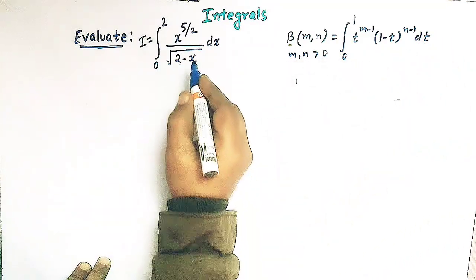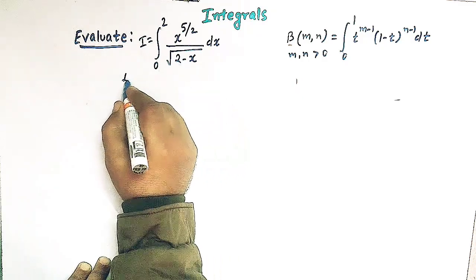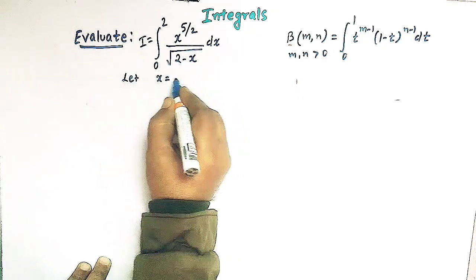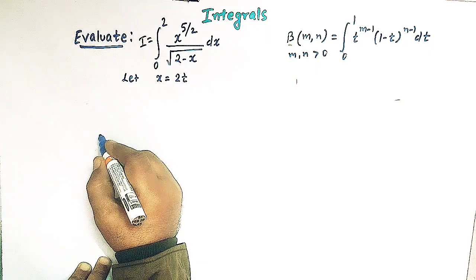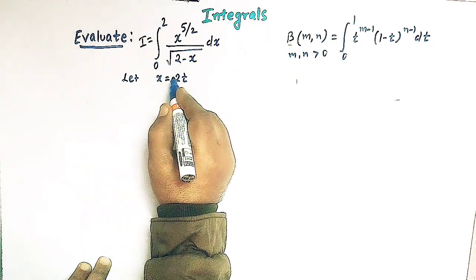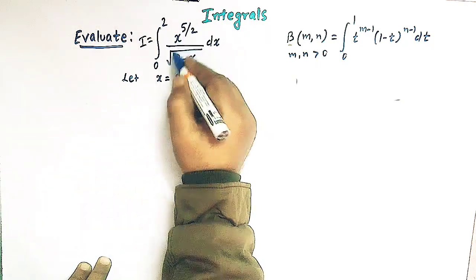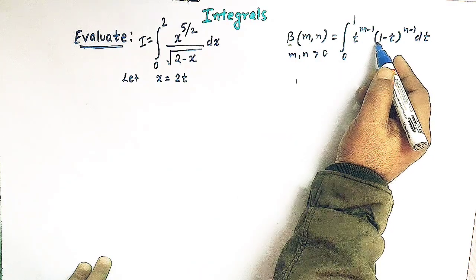So here we'll substitute x is equal to 2 times t, right? And using this substitution, we'll convert this integral into this form.